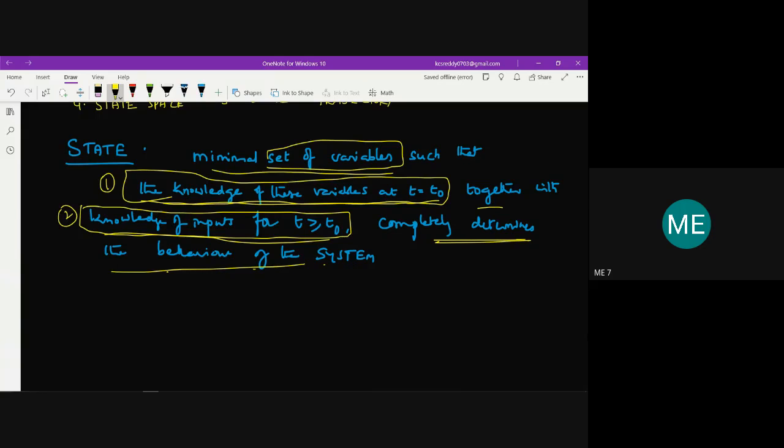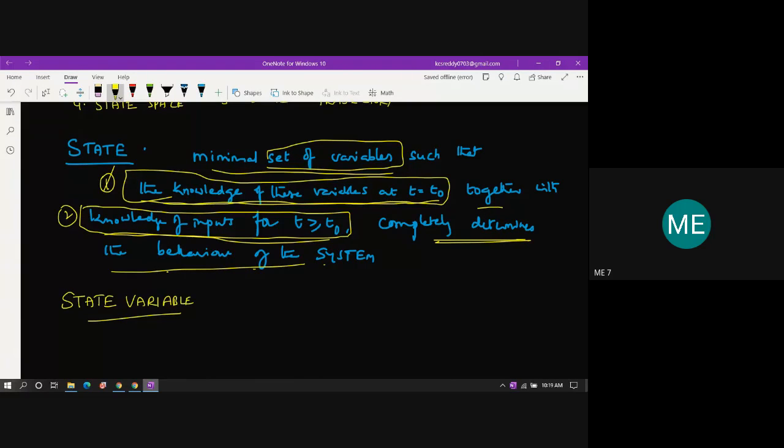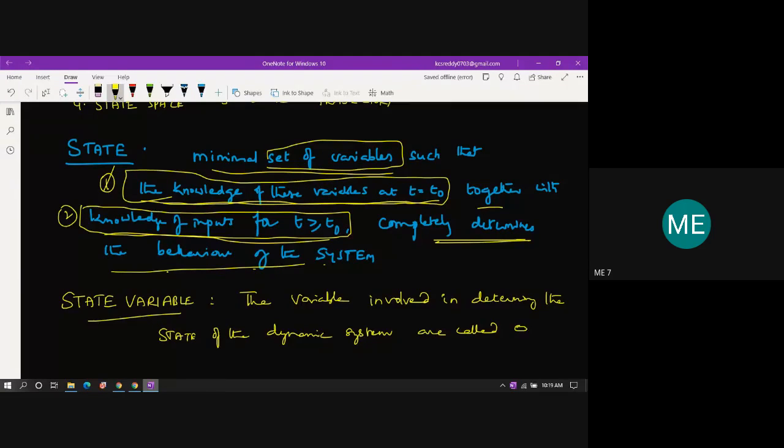Now the second one, state variable. The variables which are involved in determining the state of any dynamic system are called state variables.